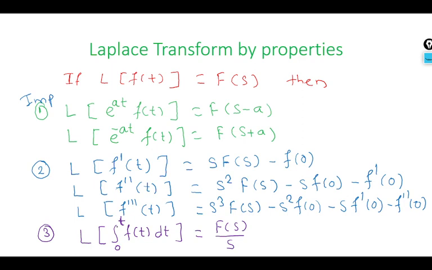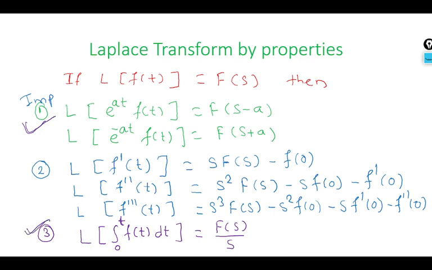So Laplace of integral is just division by s, whereas in property 2 you observe that for the Laplace of derivative we are multiplying by s. So when we take a Laplace of derivative we have multiplication by s, but for the Laplace of integral we have division by s. So the first property, as I already told, is very important.